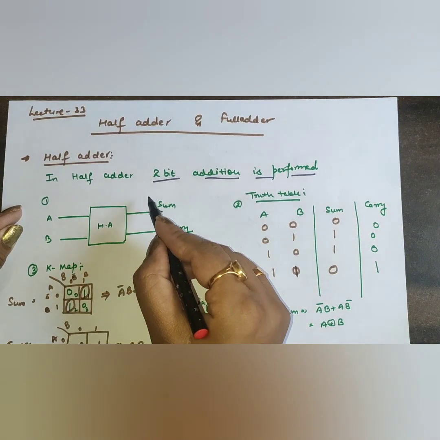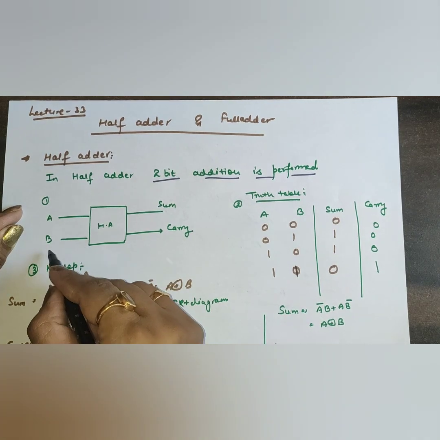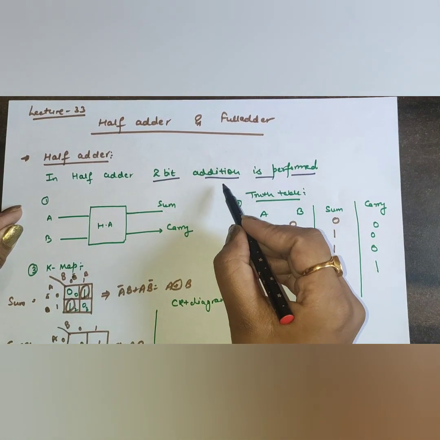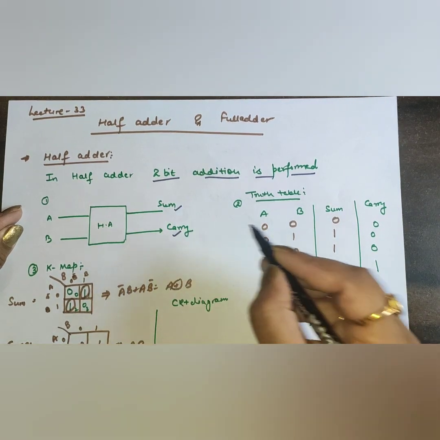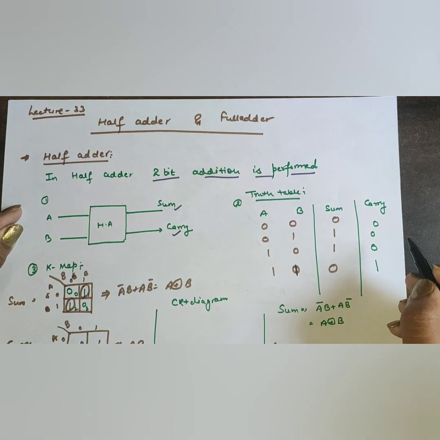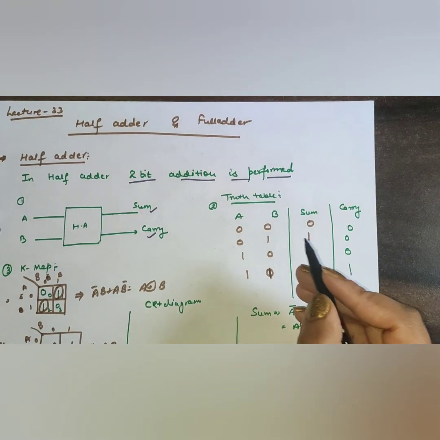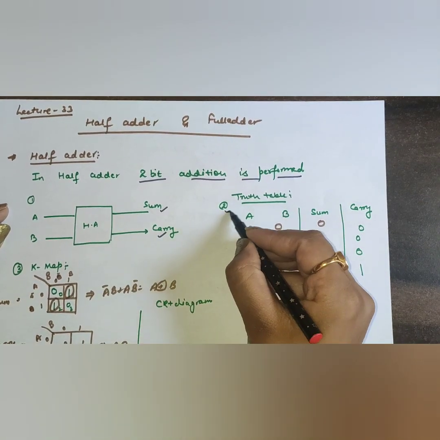So this is a half adder and the 2 bits are A and B. Now in an addition we get two things: one is sum and the other is carry. So we write it here, sum and carry. Now a 2-bit truth table is there.